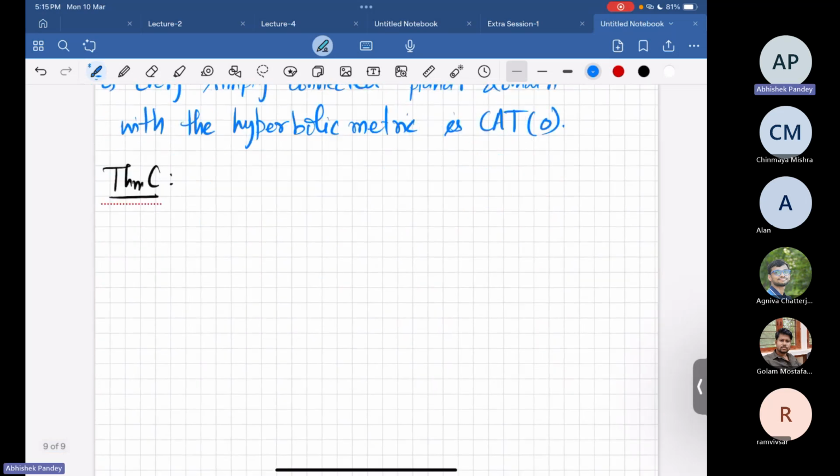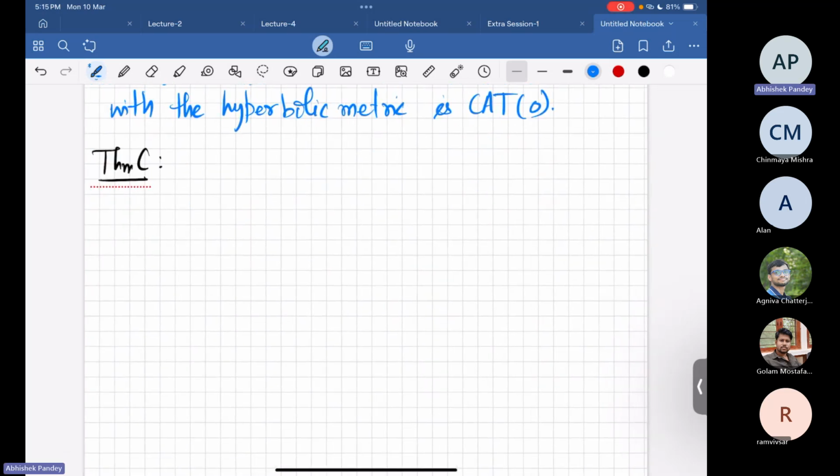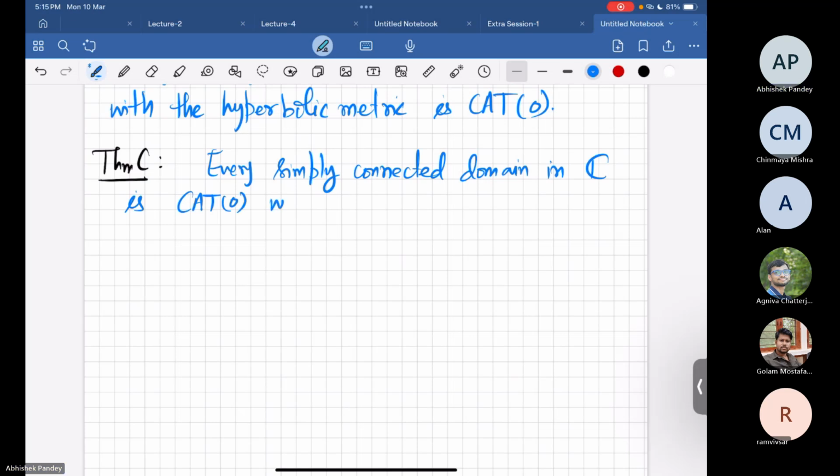So theorem C says, this is a recent research work, it says that every simply connected domain in C is CAT(0) with respect to the quasi-hyperbolic metric.